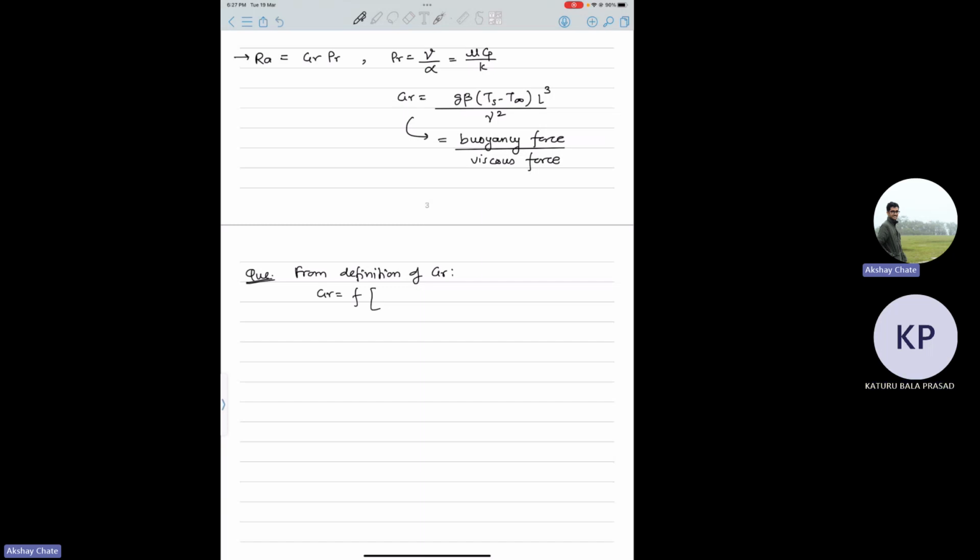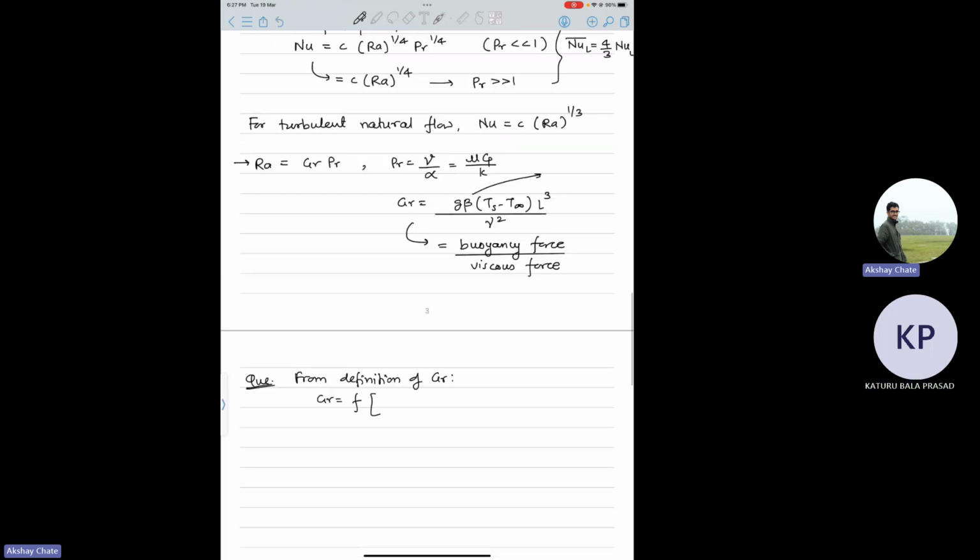If it is a gas or air, typically beta is 1 by T in Kelvin. So whatever your average temperature is, you take it in Kelvin and take the inverse, and you get the compressibility factor that comes from your ideal gas equation.